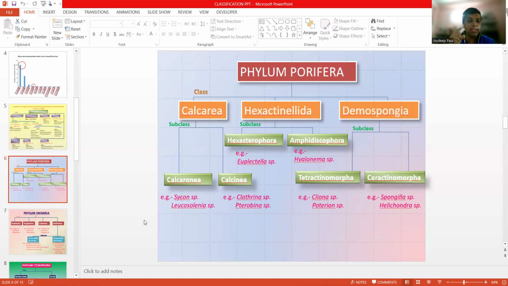So in poriferans, the minute and numerous pores present throughout the body surface help in the entry of water, and the large pore at the apex, known as the osculum, helps in the exit of water. This is the pathway of entry and exit of water, and the water comes inside the spongocoel.